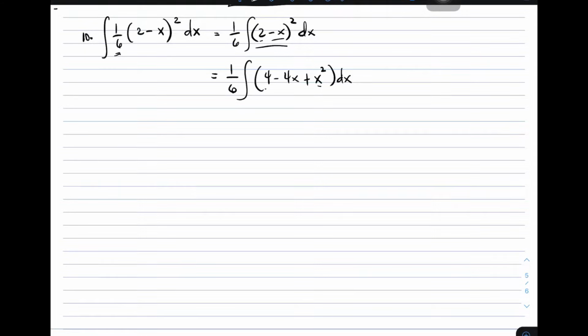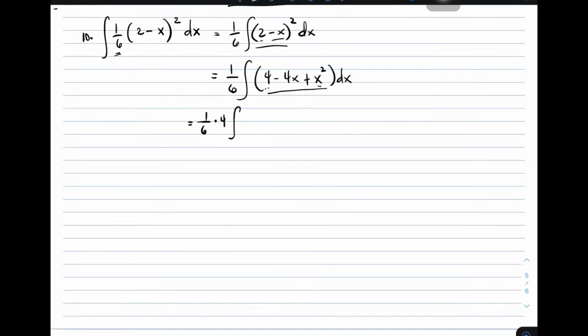Pero ito na. Baka kasi magkamali kayo dito. Yung 1 over 6 natin ay kailangan yung i-distribute sa tatlong terms natin sa loob throughout the integral process. So, i-write natin ito para makita nyo mabuti yung sinasabi ko. So, we have here 1 over 6 times 4. Kasi yung ating first term ay constant.